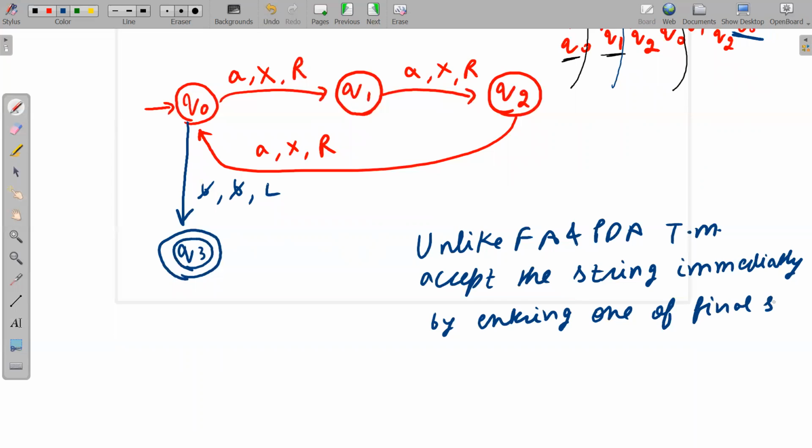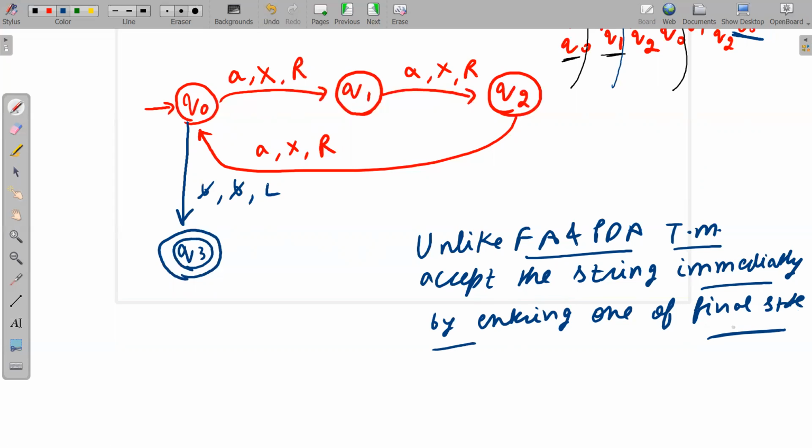We can have more than one final state now. As soon as it enters any one of the final states, it will immediately accept the string. Please note it down carefully.